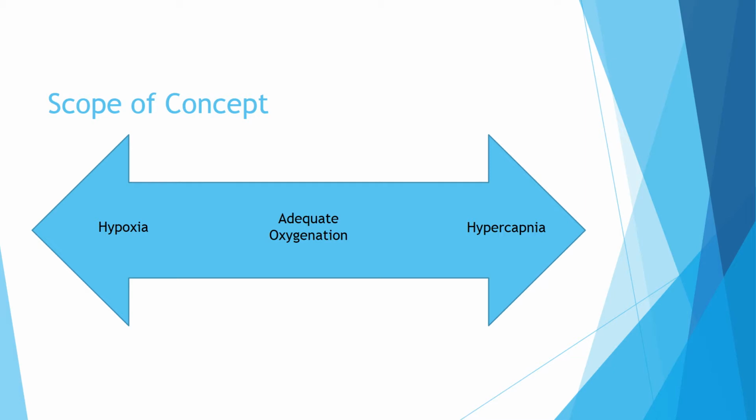And then hypercapnia is when someone is retaining carbon dioxide in their arterial blood. So they're retaining CO2. Hypercapnia is high CO2 levels in the arterial blood. When patients are hypercapnic, they are going to present a little bit differently than those who are hypoxic.